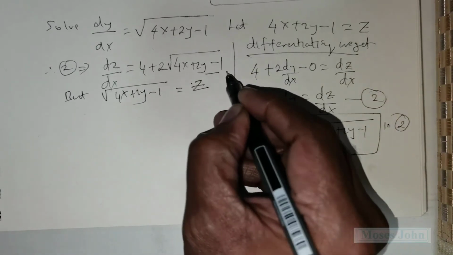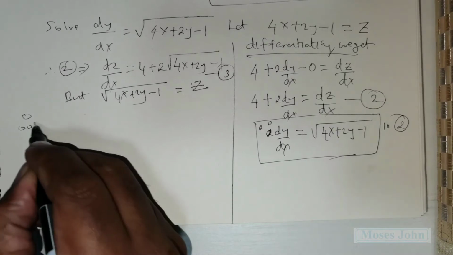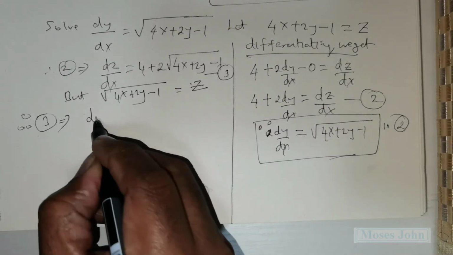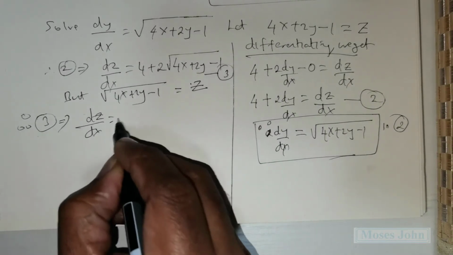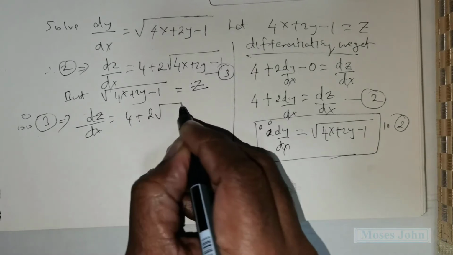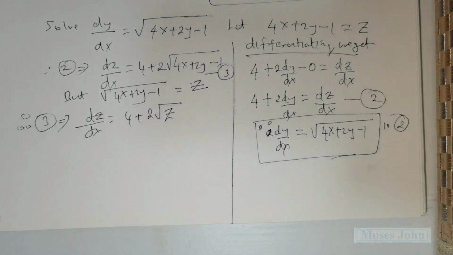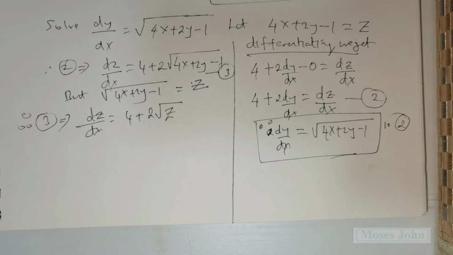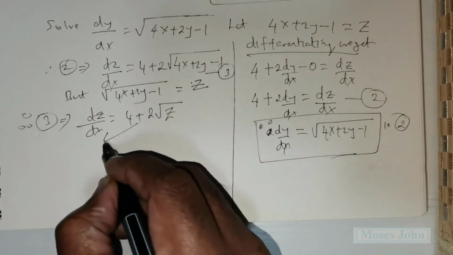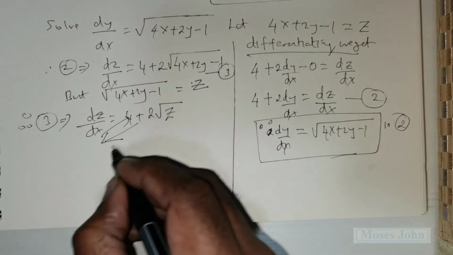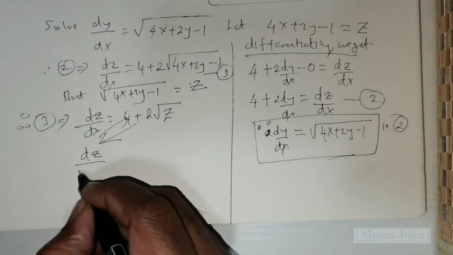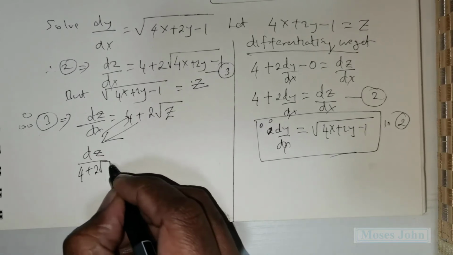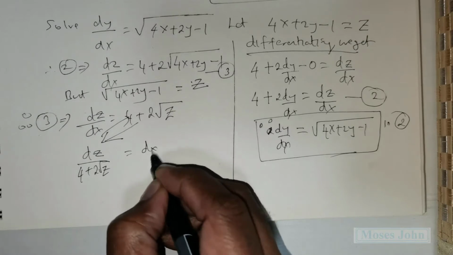If I take this as 3, then 3 is rewritten as dz/dx = 4 + 2 root z. So this is what I am getting. Now I'm going to move this down and move this up, so dz divided by (4 + 2 root z) is equal to dx.